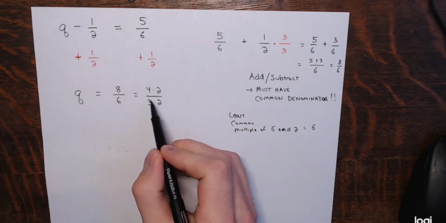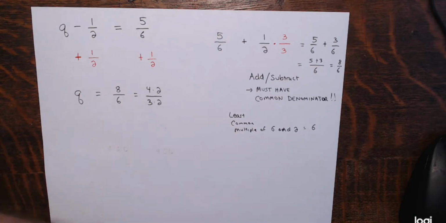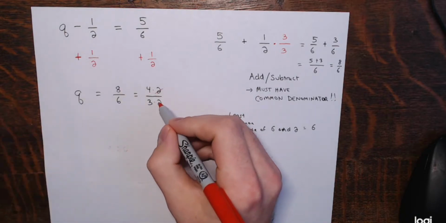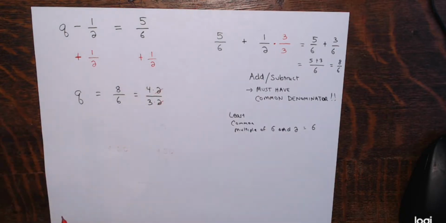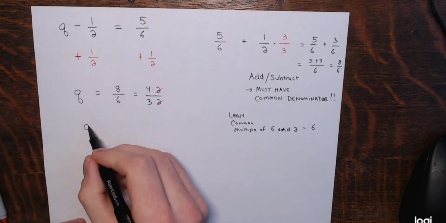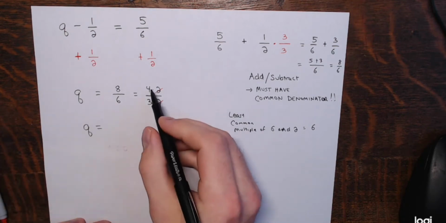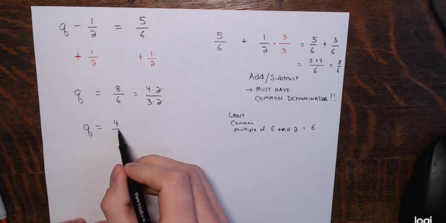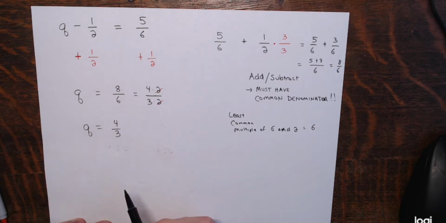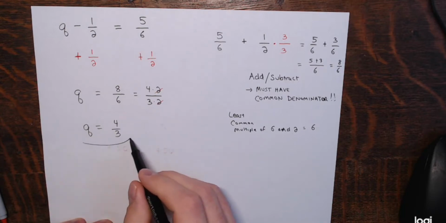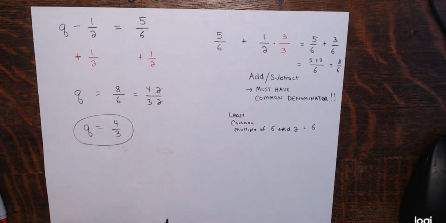They have a common factor of 2, and then 2 divided by 2 is 1. 2 over 2, the common factor gets canceled out, becomes 1. And so I'm left with finally, Q equals 4/3. 1 1/3, 1.3 repeating if you're writing a decimal. But there's your solution.